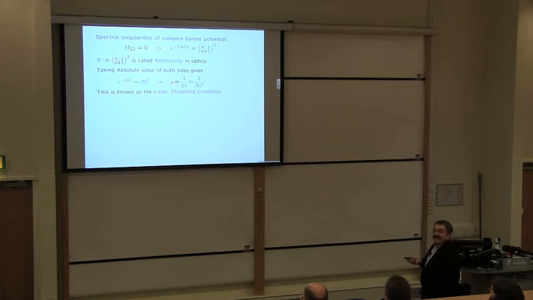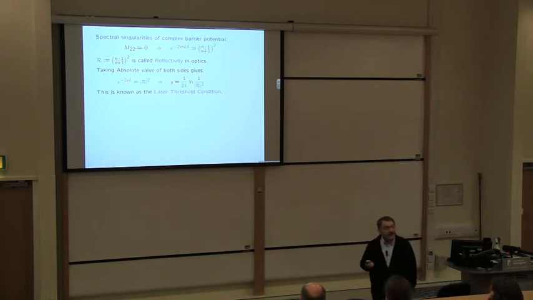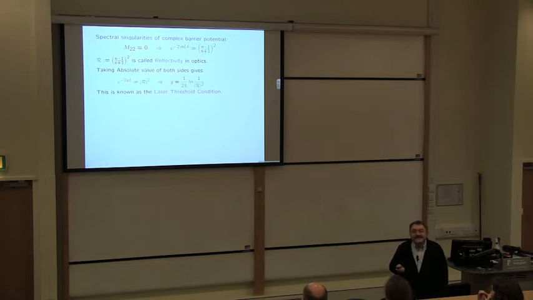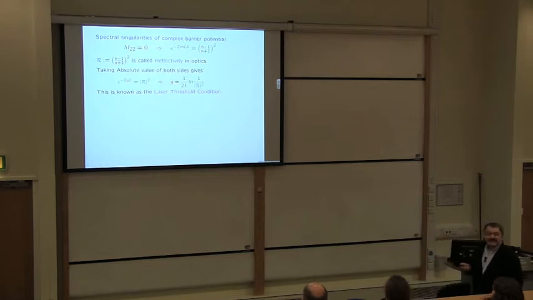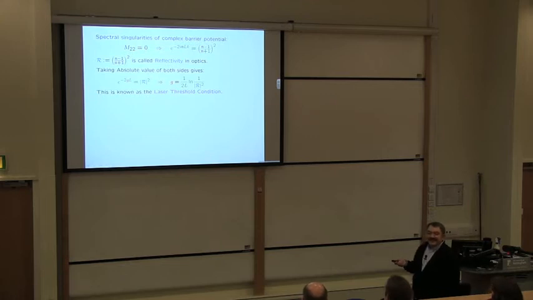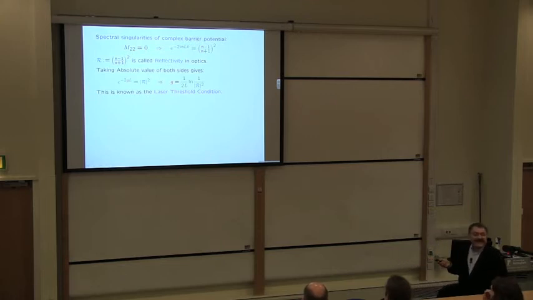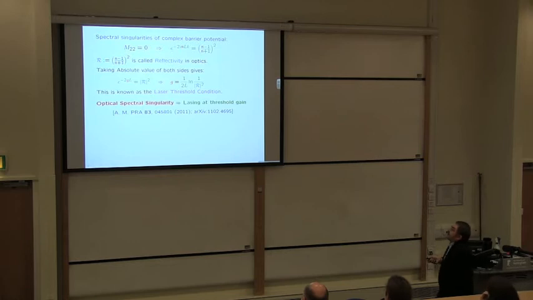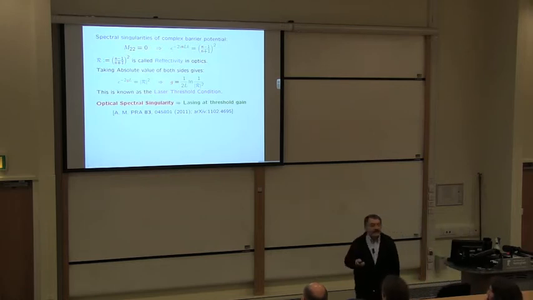Spectral singularity is nothing but lasing. Spectral singularity was discovered by Naimark, I forgot, early 1950s, a few years before lasers. I mean, if mathematicians had this, they could have discovered lasers before physicists. So in optics, a spectral singularity is lasing at the threshold gain.